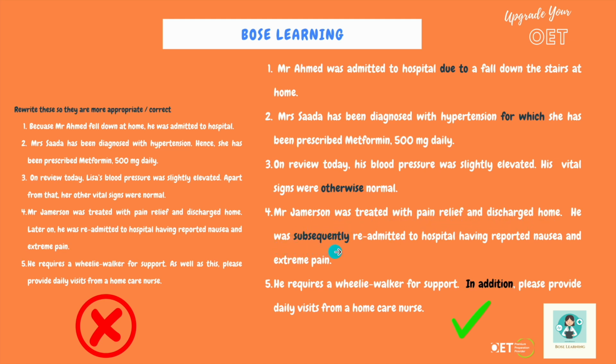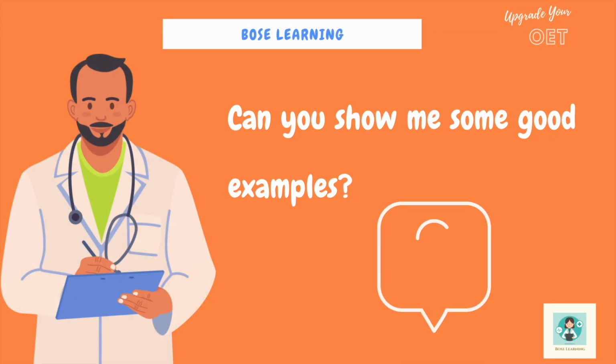He was subsequently readmitted. And then number 5, here, as well as this, in addition, far more professional. He requires a wheelie walker for support. In addition, please provide daily visits. Okay, so those are some examples of how you can use them nicely.